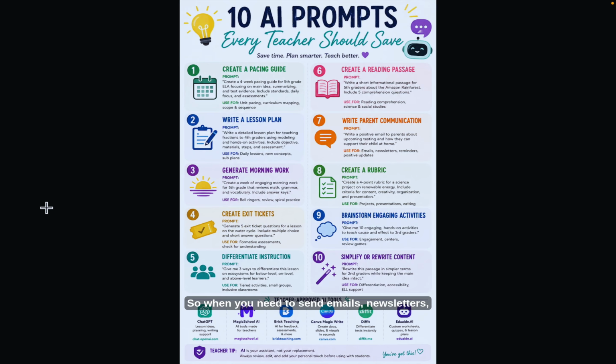So when you need to send emails, newsletters, reminders, it can help you to reword them to make sure that you're saying it in the best way possible. Number 8, it can create rubrics for you. Number 9, brainstorm engaging activities. And number 10, it can help you to just simplify or rewrite things. And then at the bottom, it just gives you some different options for different ways that you can use AI.